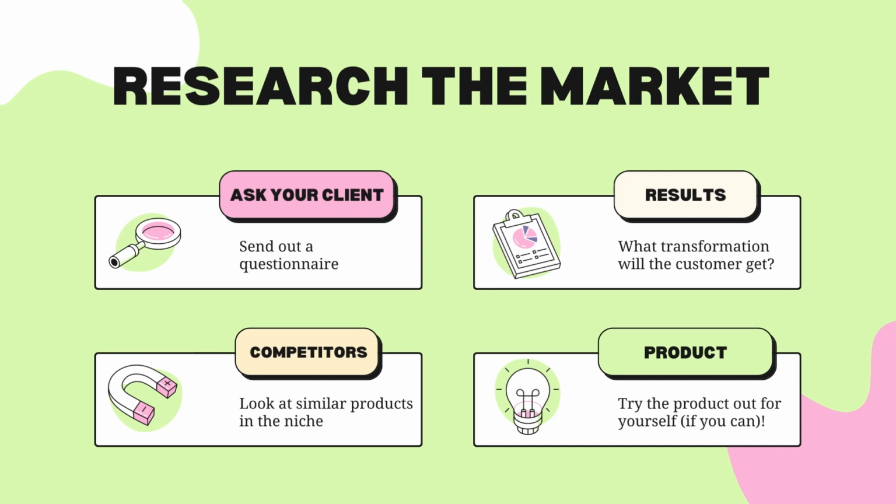What I do is I send out a questionnaire that asks the clients all about their target markets. It asks them about the product that they're selling. I ask for testimonials. I want to gather as much collateral as possible before I start drafting their sales page at all.